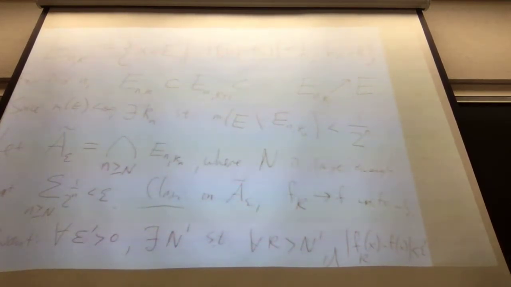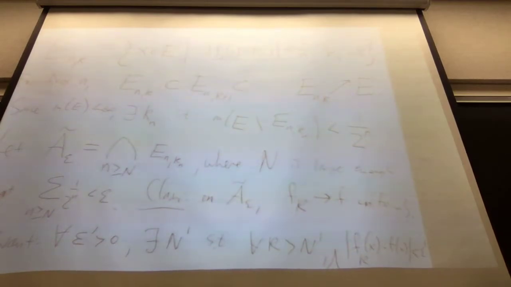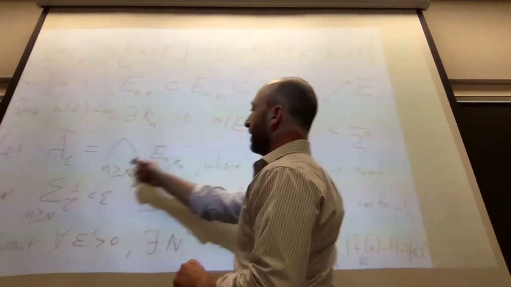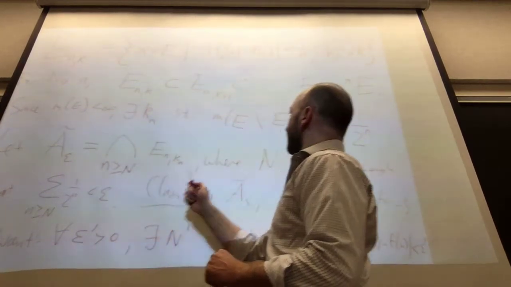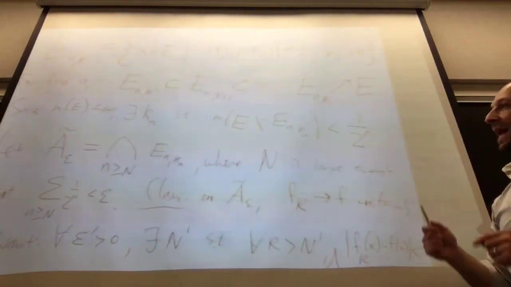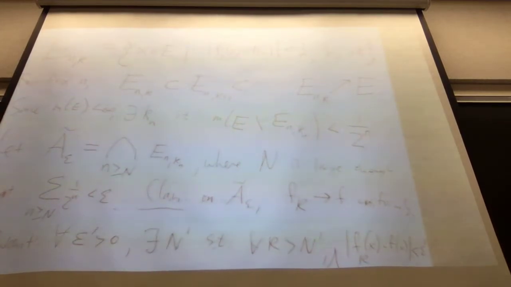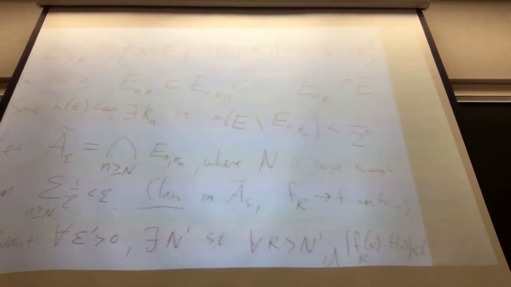Why is it again that the A epsilon twiddle is close to E in measure? So the difference from E, this is the intersection of each of these. So the difference from E to A epsilon, maybe I should have written this explicitly. Okay, we remember what these E sub nk's are. So note that the measure of E take away A epsilon twiddle is certainly covered by all of these.